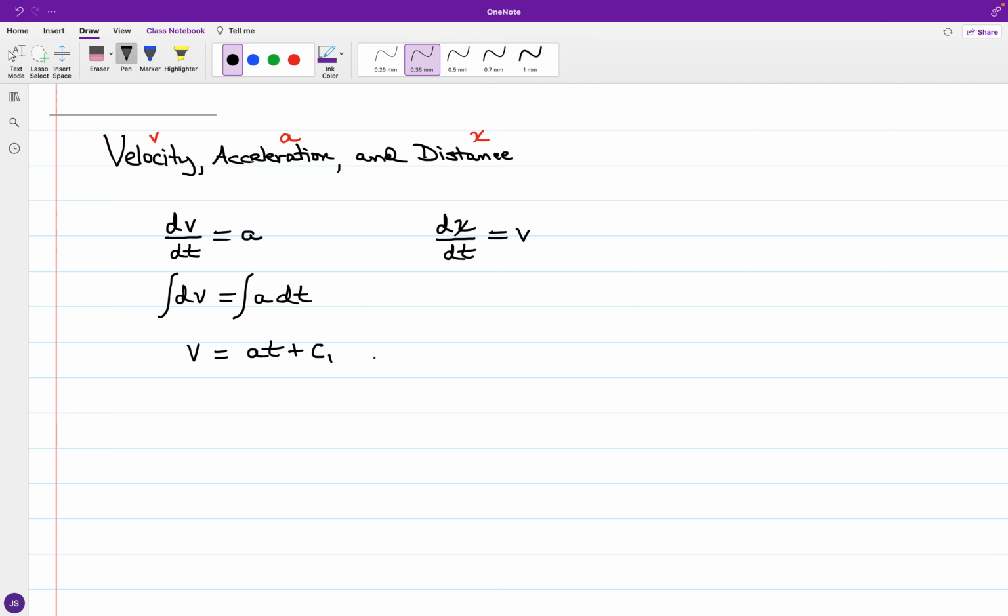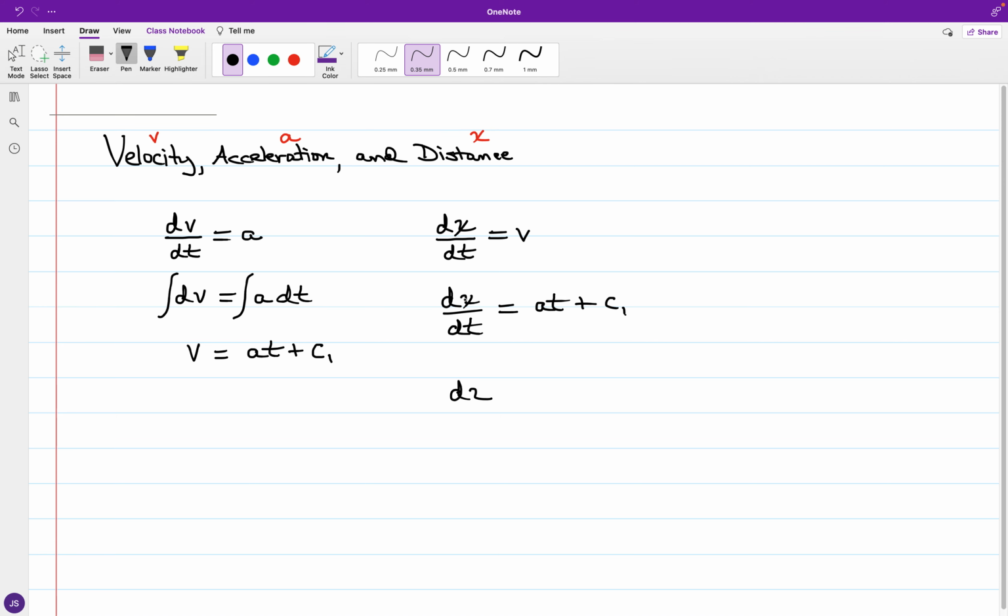Now we have dx over dt is equal to v. If I put in the parametric definition from the acceleration part, I'll put at plus c sub 1 in place of v. By substituting, I will have dx over dt is equal to a times t plus c sub 1, and again separating the differentials.